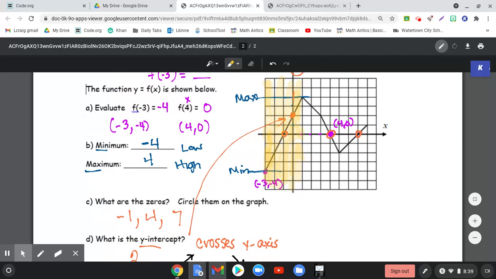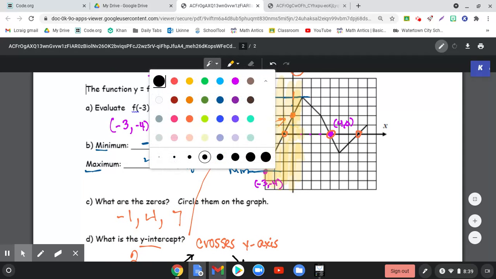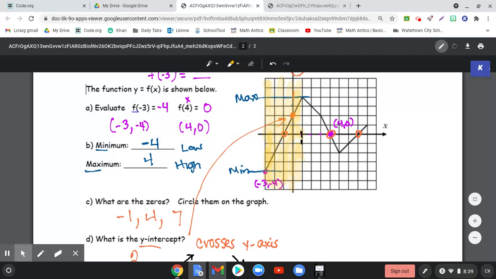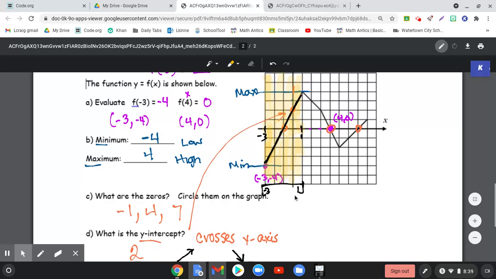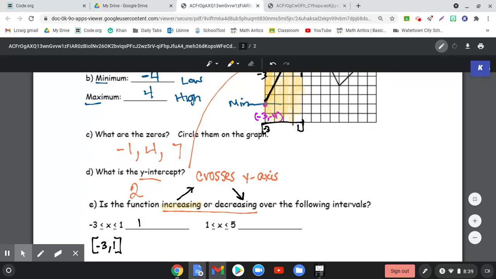All right. So again, let me point that out. Here's 1. Here's -3. So from -3 to 1, is your graph going up or down? From left to right, it's going up, so it's increasing.